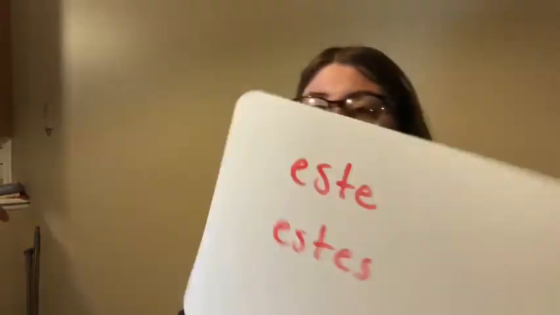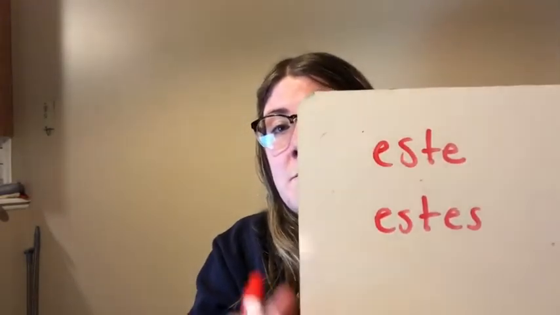So, you do have masculine, feminine, singular, and plural. This, singular, these, plural, when you're talking about este. The masculine singular form is este. The masculine plural form is estos. So these are the masculine forms.